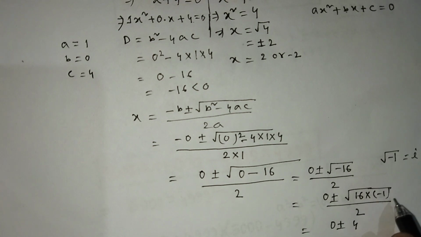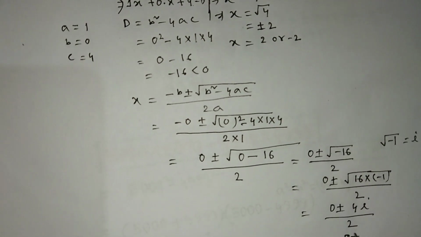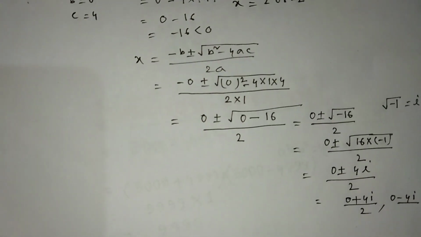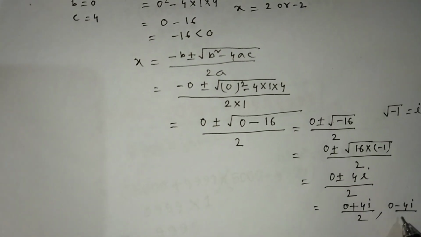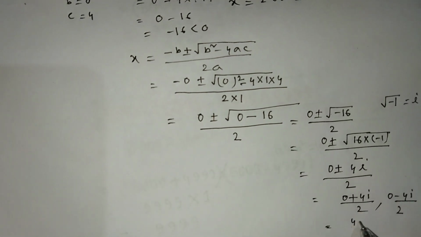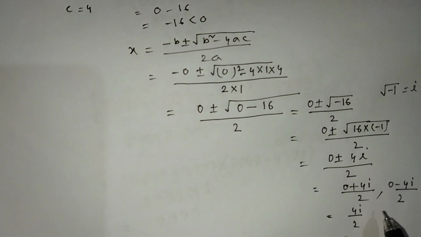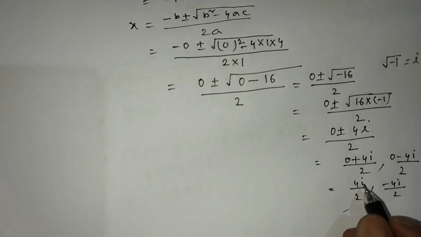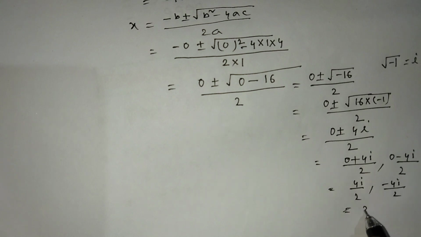Okay, divided by 2, 0 plus 4i divided by 2, and again we have to write 0 minus 4i divided by 2. So if you divide 4i by 2, then you will get 2i, and here will be minus 2i.